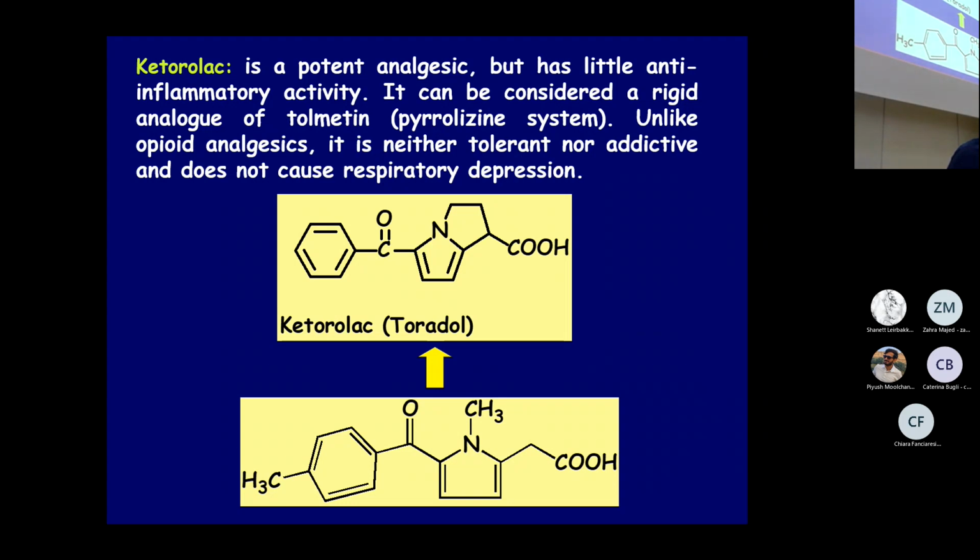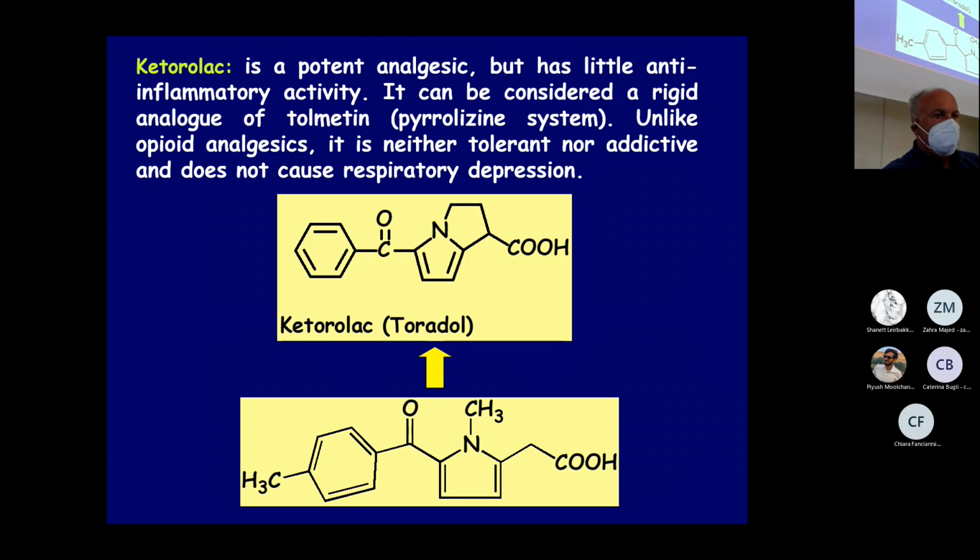If you have a cancer patient with a strong pain, at the beginning, normally, the protocol asks to use this type of compound, in particular Toradol, because you know, no inhibition of respiratory centers, no dependence, no tolerance. So at the beginning, the medical doctors try to treat the pain with ketorolac.